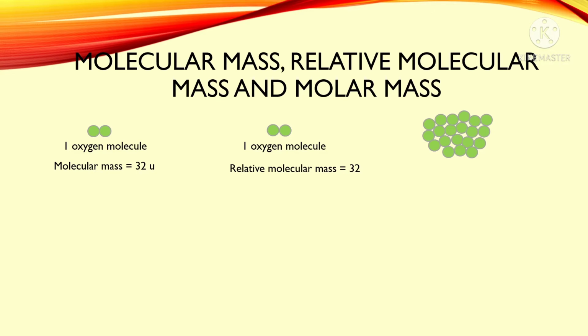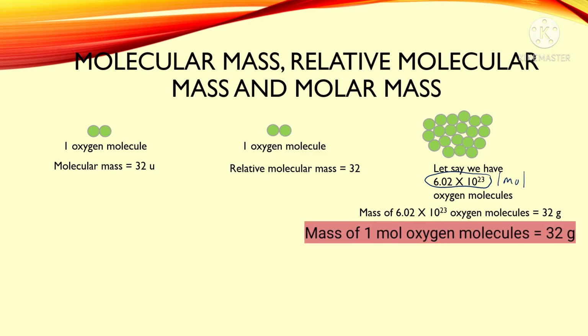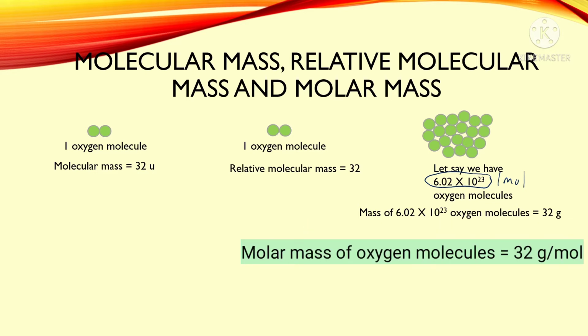Let's say now we have 6.02 times 10 to the power of 23 oxygen molecules, and we weigh the molecules. The mass that we get will be 32 grams. We know that 6.02 times 10 to the power of 23 is equivalent to 1 mole. So we can say that the mass of 1 mole of oxygen molecules is 32 grams, and the molar mass of oxygen molecules is 32 grams per mole.